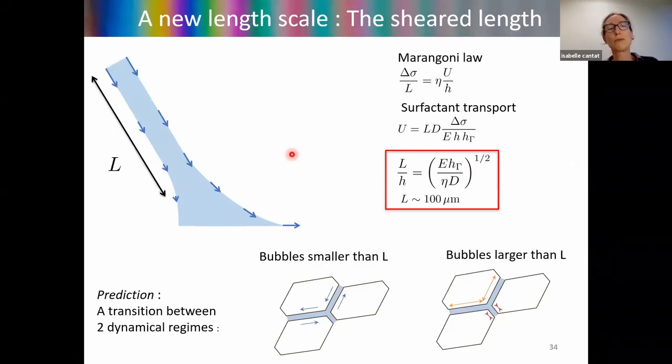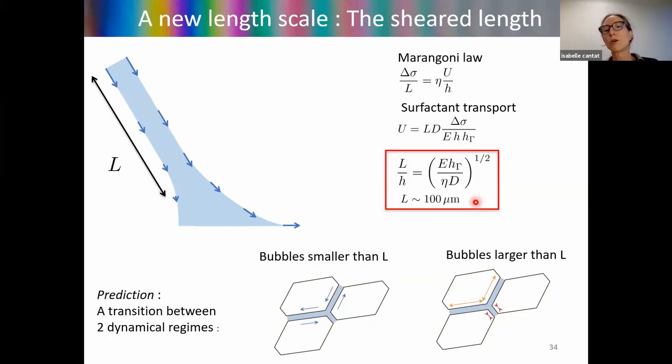To answer this question, we first need to come back very shortly to this length scale, big L. From the two couplings I explained to you, I can deduce the scaling for this distance L, which scales like this, always as a similar combination of all my physico-chemical parameters. And for our experiment, the typical scale we predict is 100 micrometers.